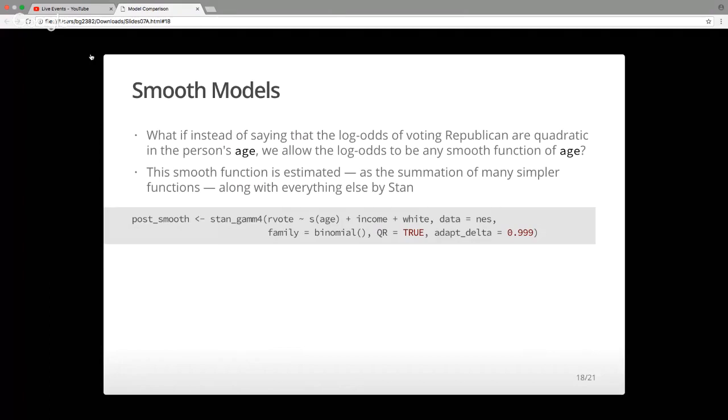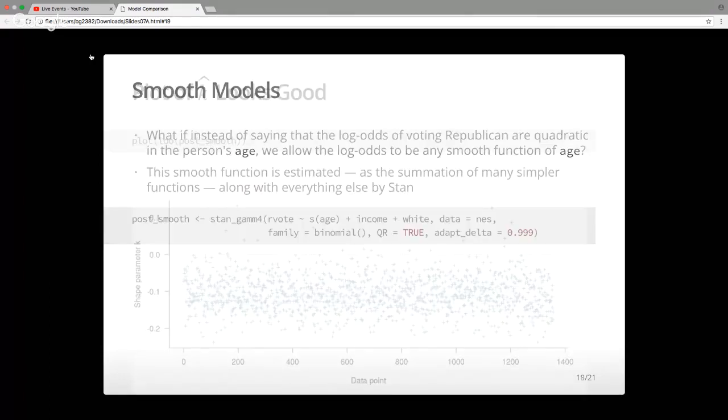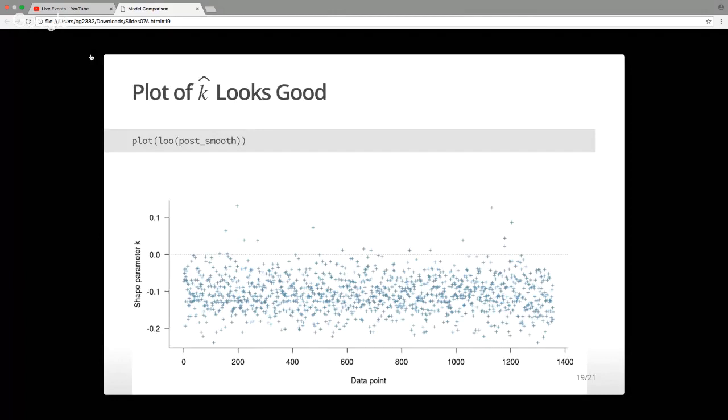That can be done with the stan_gamm4 function rather than stan_glm, and so we get post_smooth. I had to increase my adapt_delta to 0.999 in order to get rid of some warnings about divergent transitions, but after that it was fine. I can make a plot, if I call plot of loo, of my estimated k hats. Again, all of these are less than 0.5, so I'm good here.